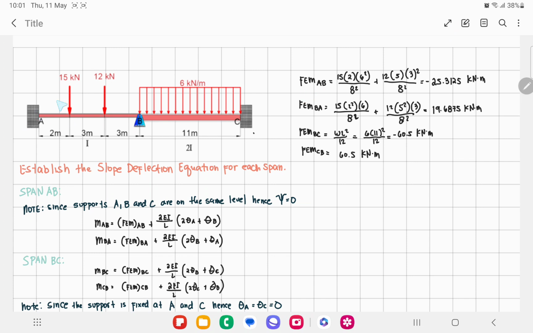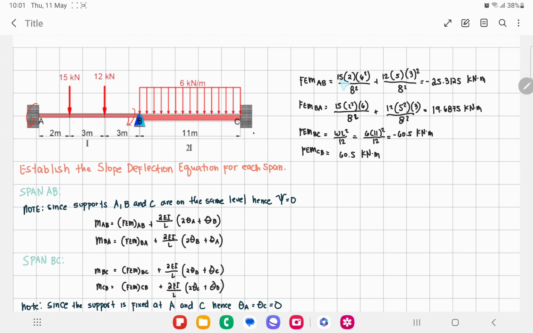So ito yan. Considering span AB, so AB, yung moment dito. Okay, span AB muna. So, since meron tayong dalawang concentrated load, i-consider ko muna yung 15 kN concentrated load.